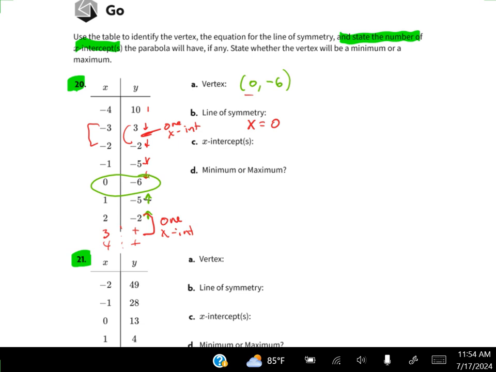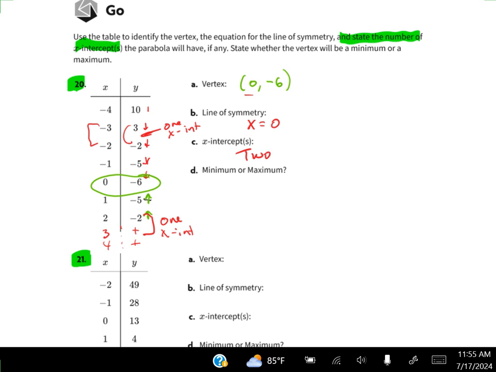I don't know what the actual values are, but you know that they are going to exist there because we're switching from a y value that is either negative or positive to a y value that's the opposite sign. So we're going from, in the top one, a positive y to a negative y, and the bottom one, we're going from a negative y to a positive y. So in this case, there are 2.